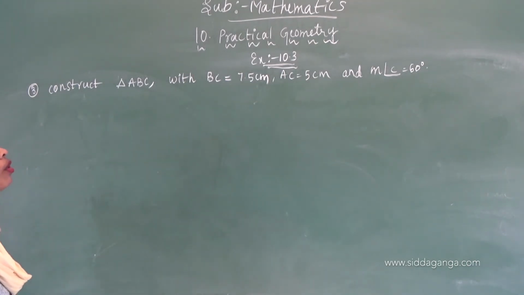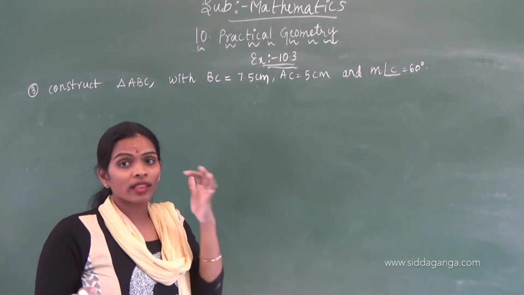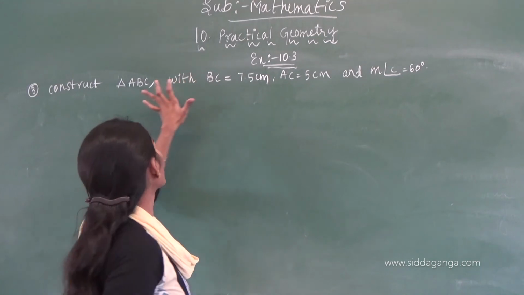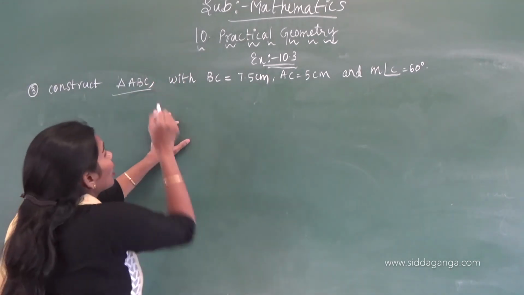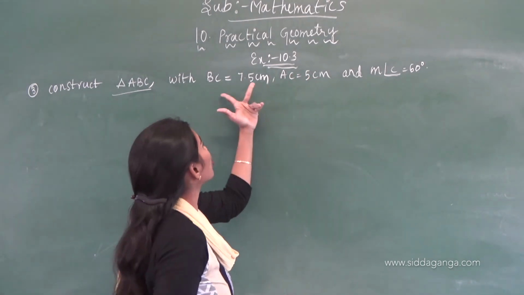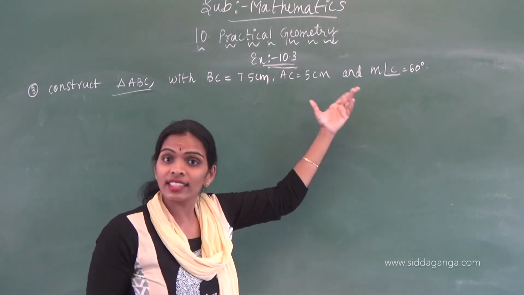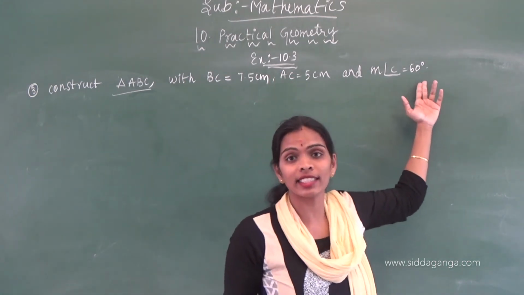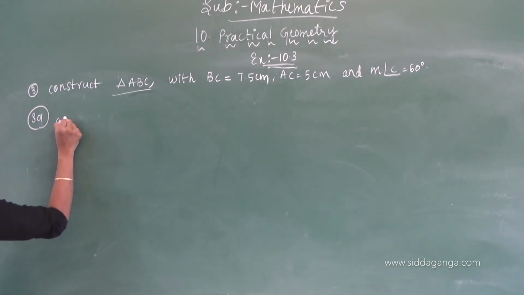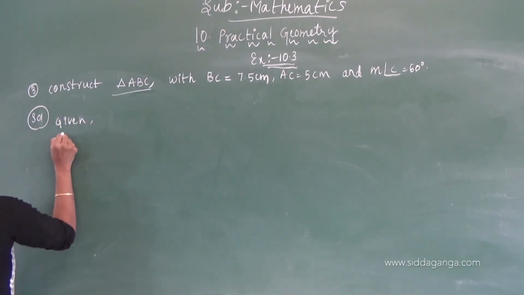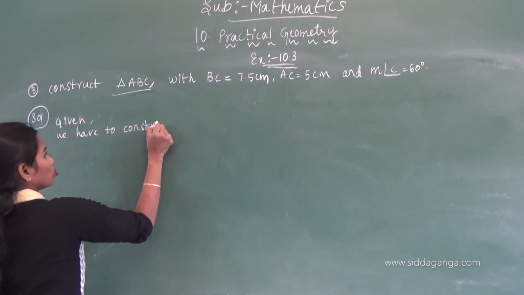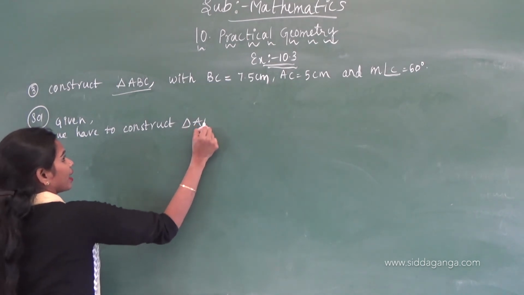This also we have to do the same, because first we have to check whether they are giving two sides and the included angle or not. Here, triangle ABC we have to construct, and BC and AC sides they are giving. What will be the included angle between BC and AC? Of course the measure of angle C they are giving, that is 60 degrees. Just you have to write: given, we have to construct triangle ABC.